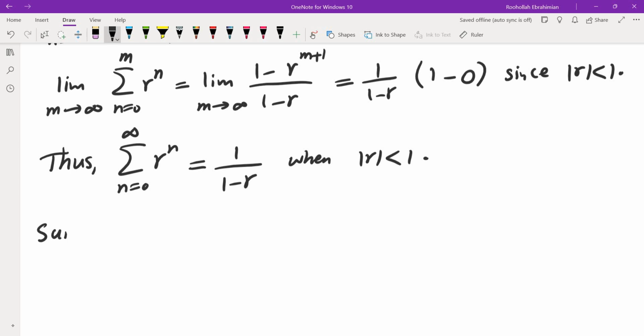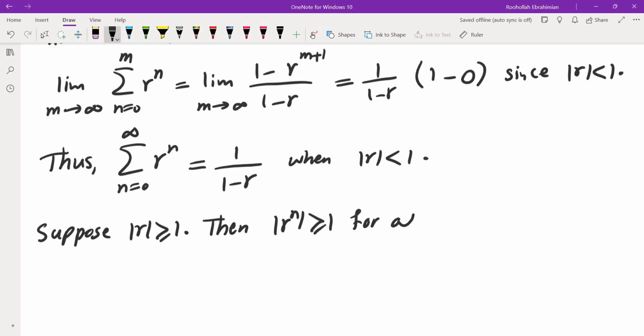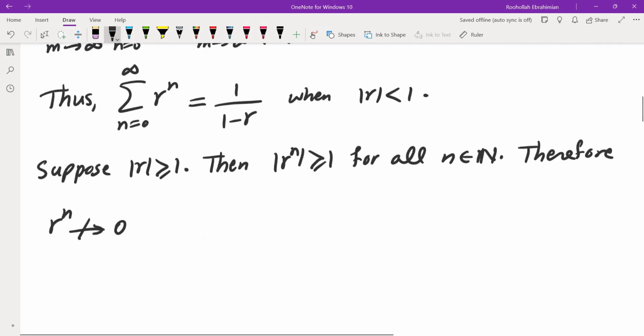Now suppose the absolute value of r is more than 1 or equal to 1. Then in that case, the absolute value of r^n is greater than or equal to 1 for all n. And therefore, the sequence r^n does not converge to 0.